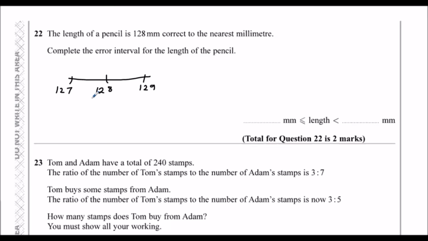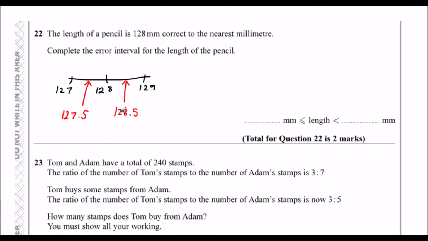To be rounded to 128 millimeters, it must be in between these two midpoints. So halfway between 127 and 128 is 127.5, and halfway between 128 and 129 is 128.5.